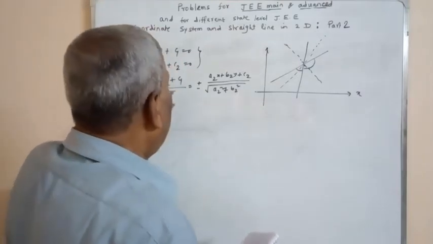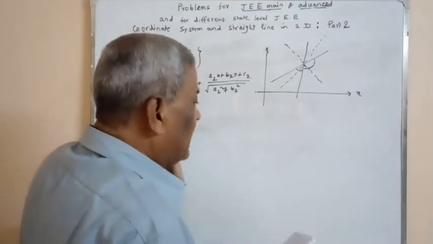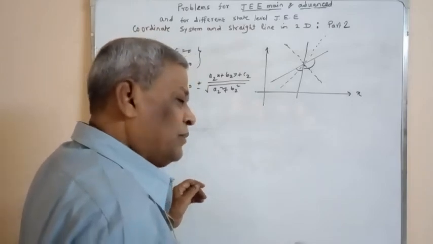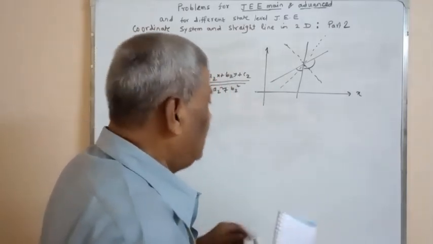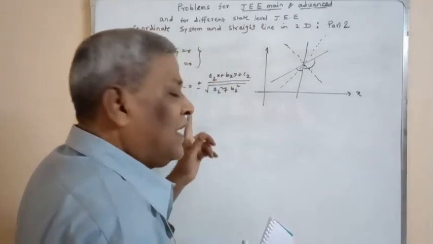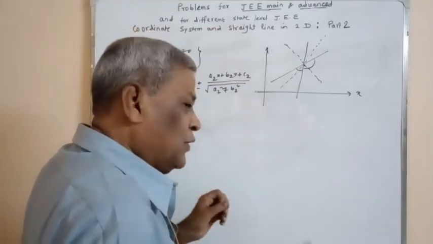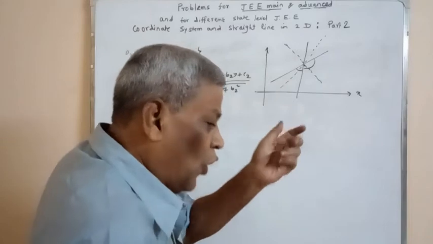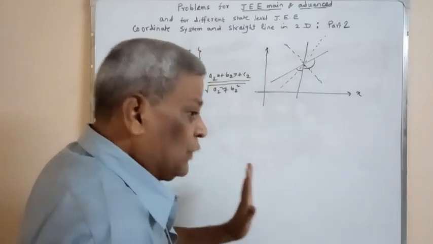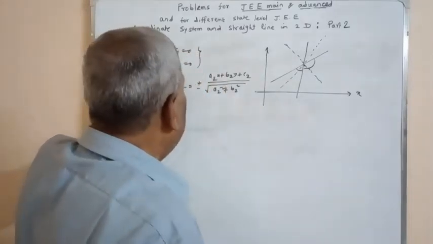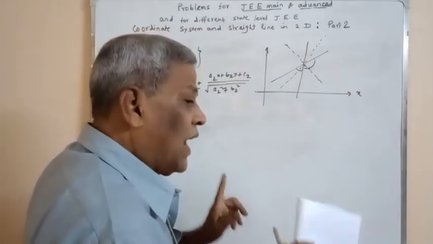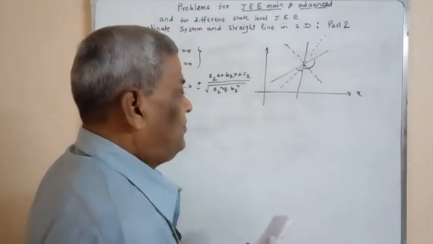Once again, the equation of the bisector of the angle containing the origin is the equation of the bisector corresponding to either the positive sign or the negative sign, for which the constant terms on both sides are of the same sign.